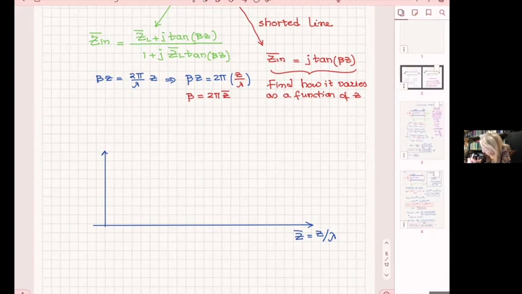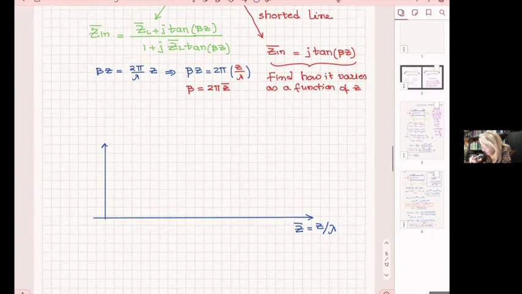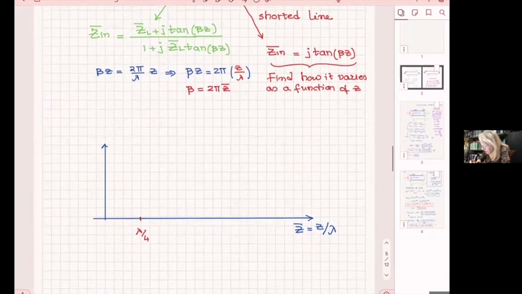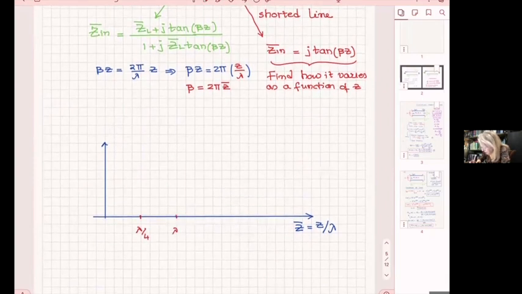Practically we are going to have here Z in terms of lambda: lambda over 4, lambda over 2, then 3 lambda over 4, and then lambda.